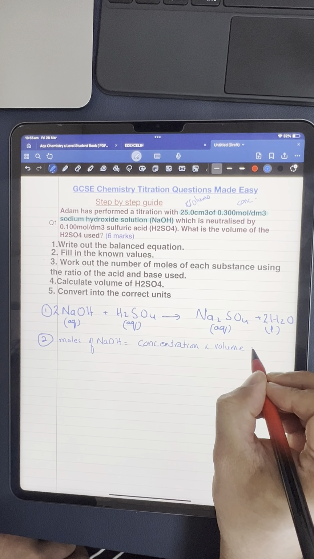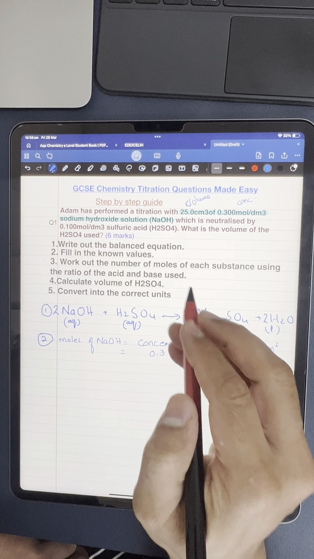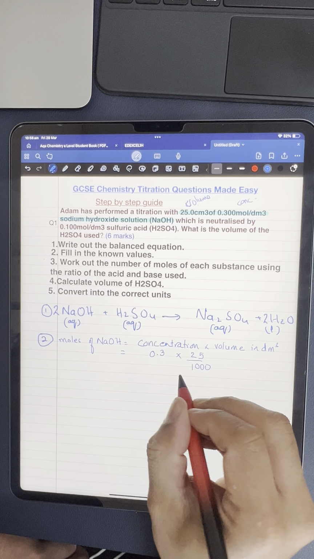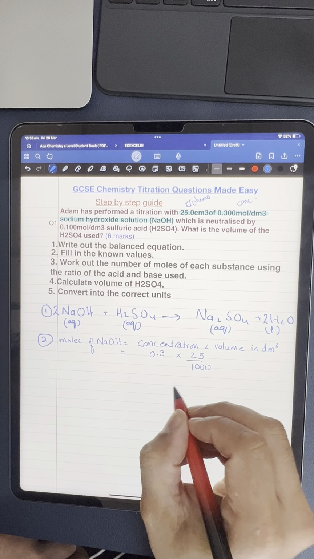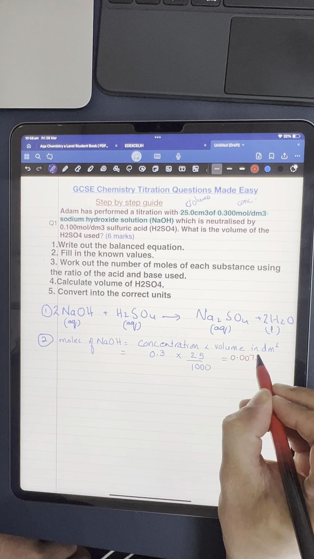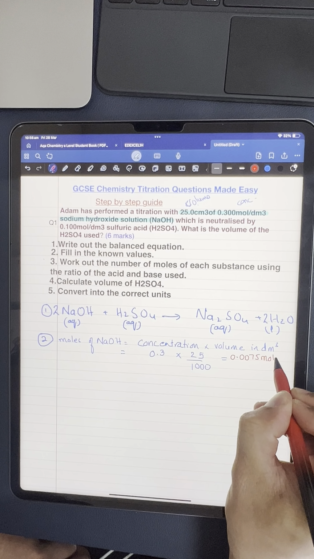Now what is the concentration given to you? 0.3 moles per dm³, times that by 25 cm³, and we need to convert it into dm³, and that's going to be divided by 1000. What's the answer going to be? Let's have a look. So 0.3 times 25 divided by 1000, and that gives me 0.0075 moles of NaOH.